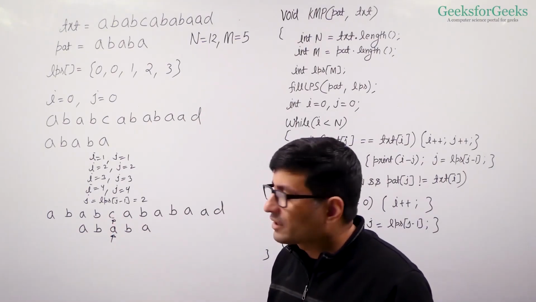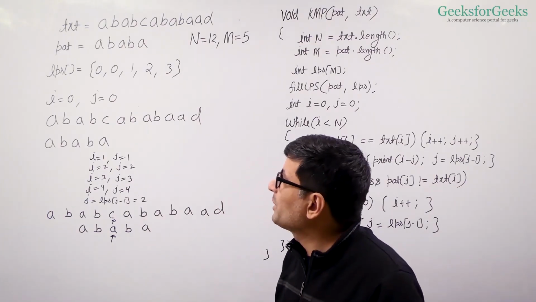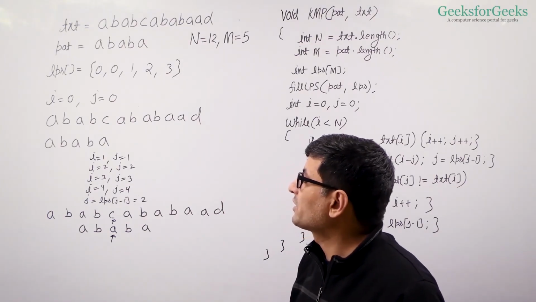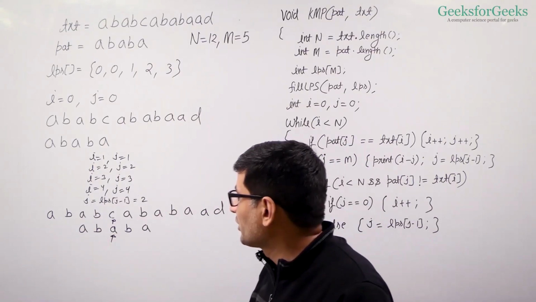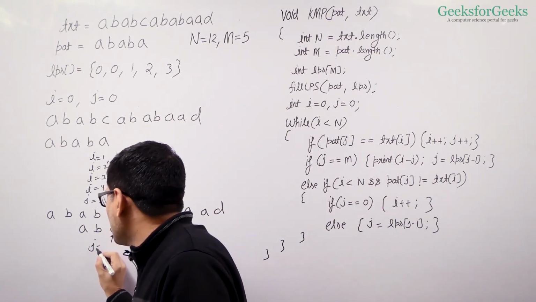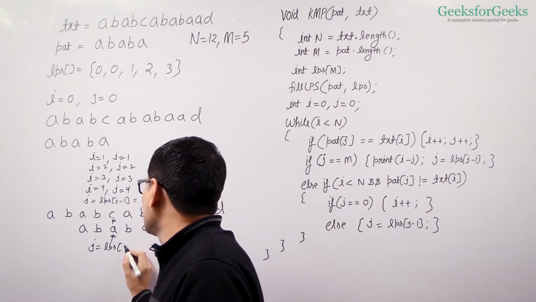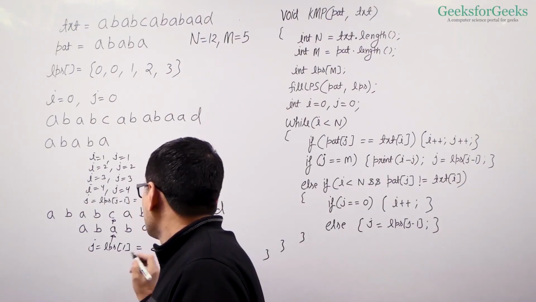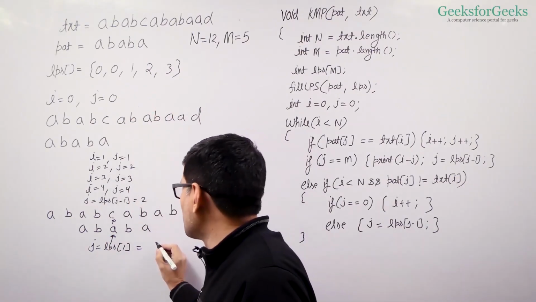And these two characters again do not match. So we are going to consult the LPS array to find the next shift. And the last matched character was this one. So we are going to get j as LPS[j-1]. So j-1 is 1. j was currently 2. So LPS[1] is 0.